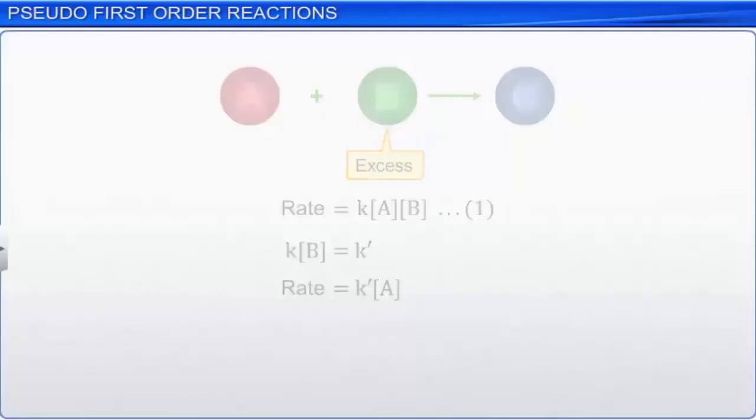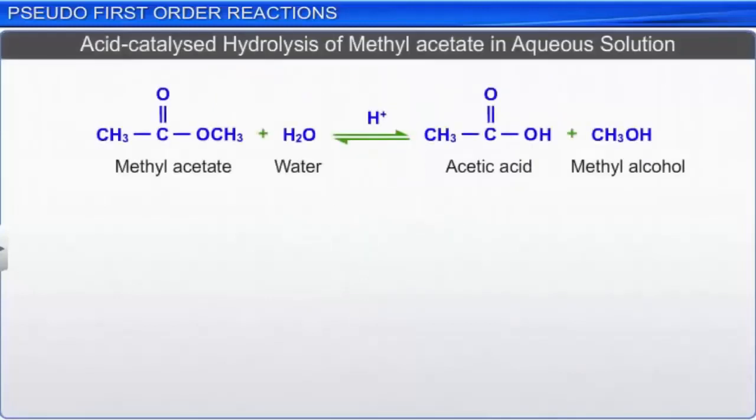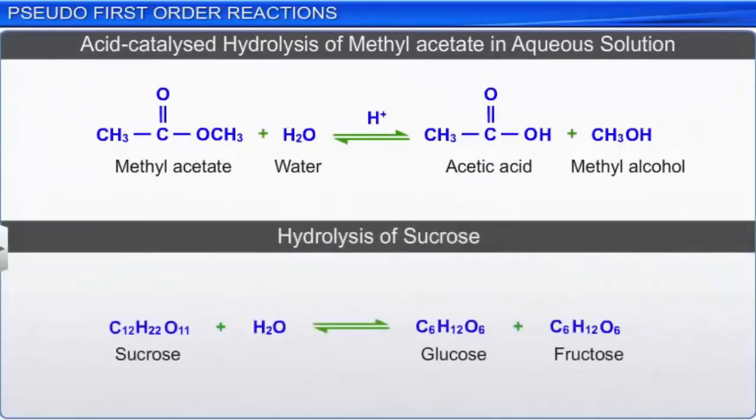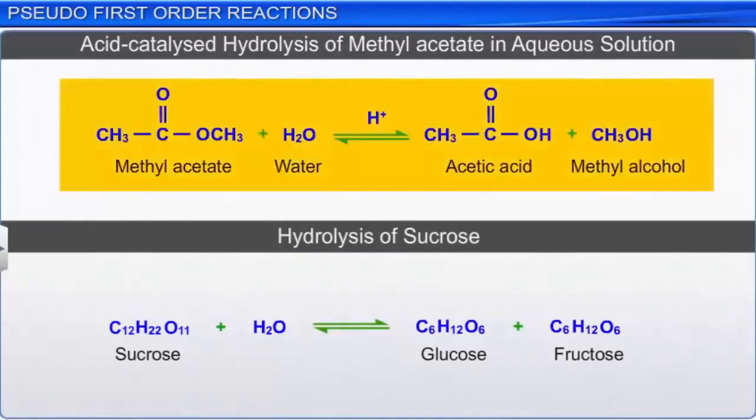Acid-catalyzed hydrolysis of methyl acetate in aqueous solution and hydrolysis of sucrose are examples of pseudo-first-order reactions. Let us now understand pseudo-first-order reactions better by considering the acid-catalyzed hydrolysis of methyl acetate in an aqueous solution.